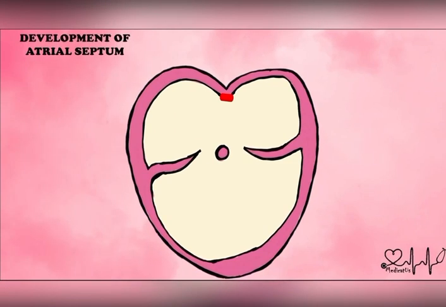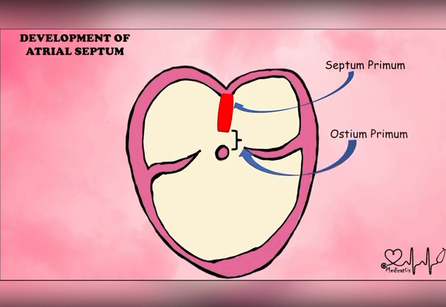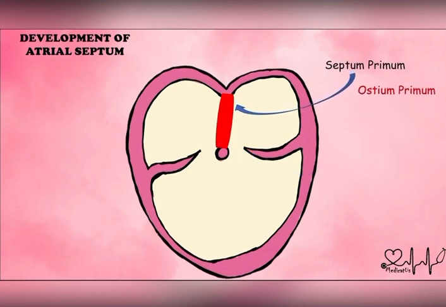Now, to understand this, we'll take a look at the development of the atrial septum during embryogenesis. So, this is a septum primum which grows downward, leaving a hole called ostium primum, the first opening. And this septum primum grows till the endocardial cushion.